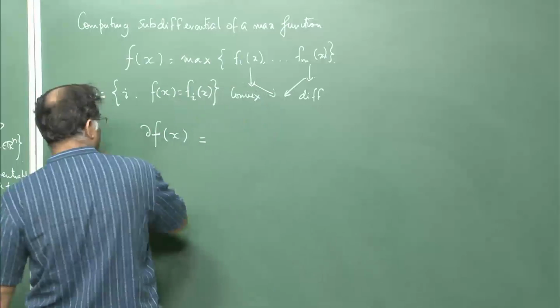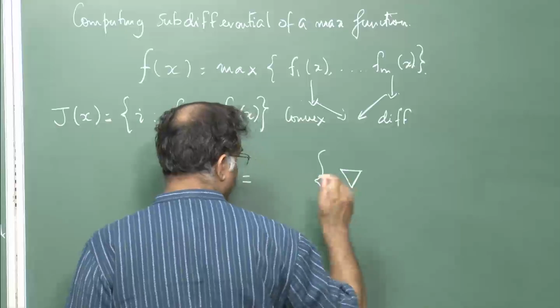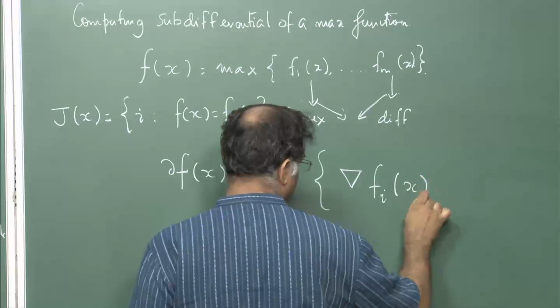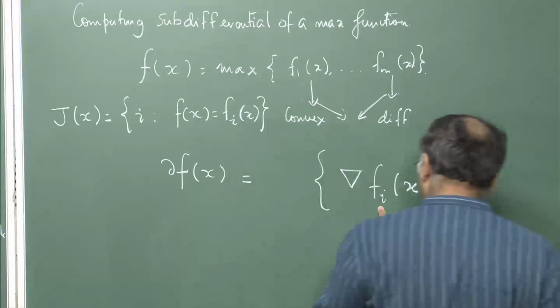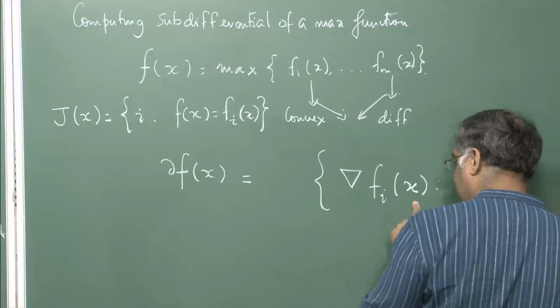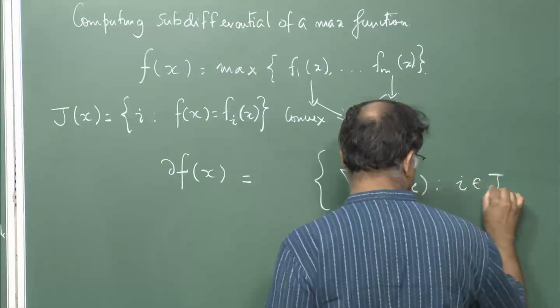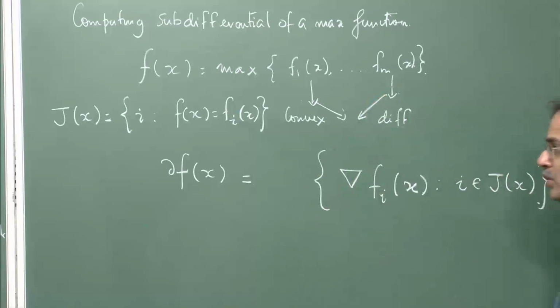Once you know this particular set, compute the gradient of f i at x for those i's which belong to this set J x. So, you do not compute for every function i, and you reduce the computational effort.